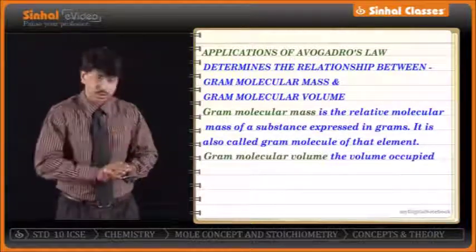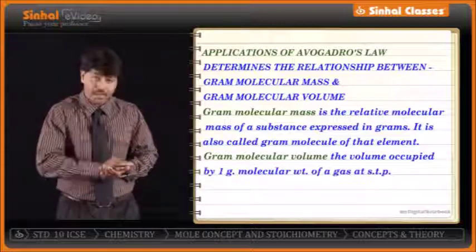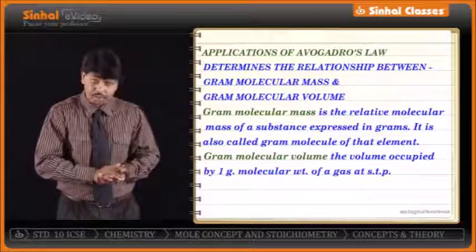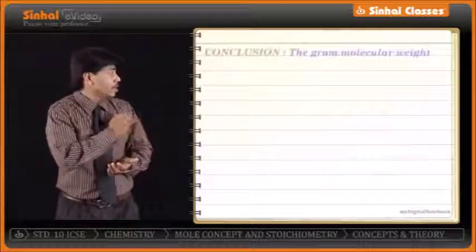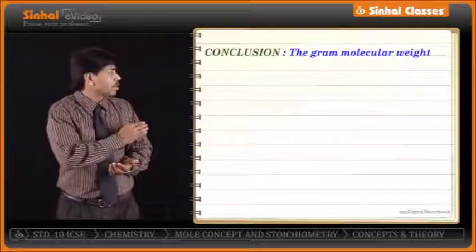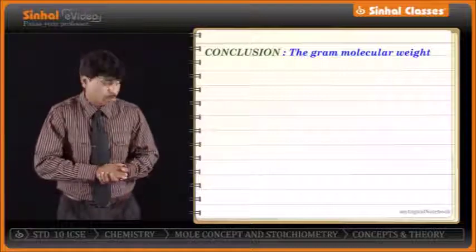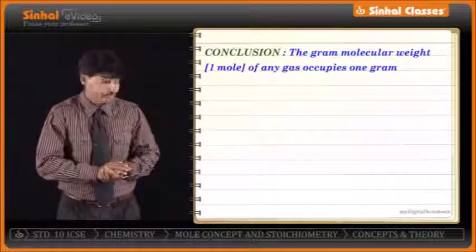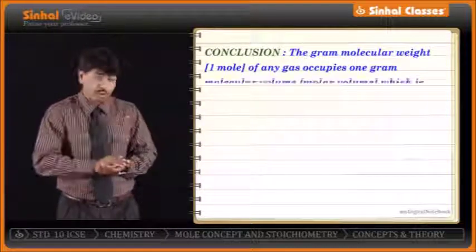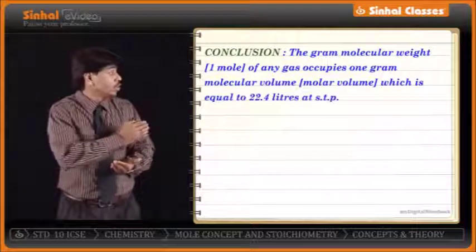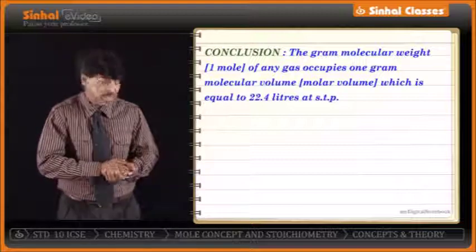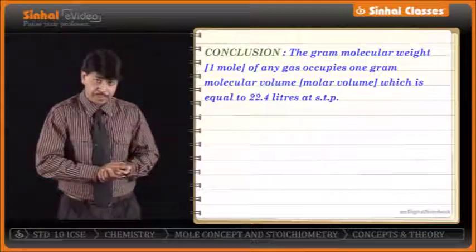Gram molecular volume is the volume occupied by 1 gram molecular weight of a gas at STP. The relation between them is that the gram molecular weight, that is 1 mole of any gas, will occupy 1 gram molecular volume, that is molar volume, which is equal to 22.4 liters at STP.